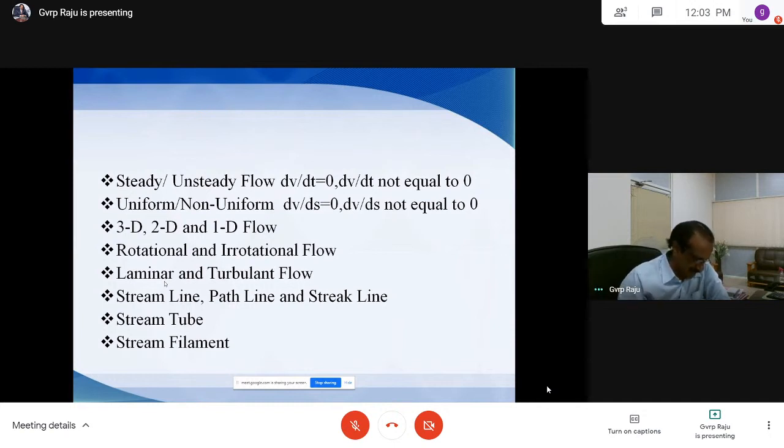A stream filament is a stream tube with cross-section area small enough that the variation of velocity is negligible. So it is called a stream filament. Important object type.